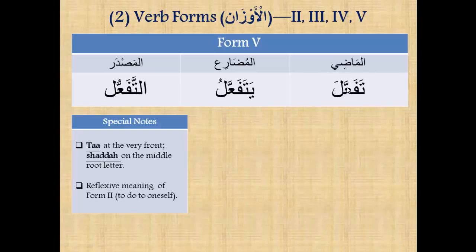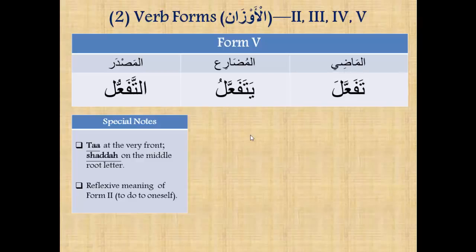Tafa'ala. The meaning of Form 5 is very interesting. It adds a reflexive meaning to Form 2. So we have the Form 2 verb, and if you do the action to yourself, performing the action on oneself, that is the meaning of Form 5. So it's reflexive.